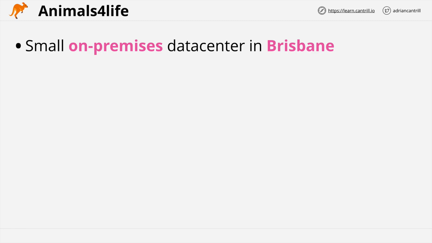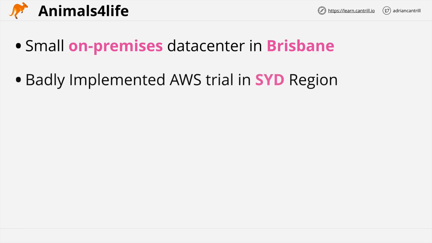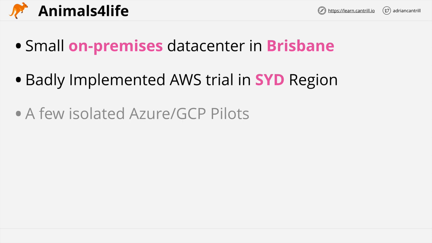Now, Animals for Life have previously had a vendor helping the business run an AWS pilot in the Sydney AWS region. But it was badly implemented and it didn't provide the resilience and scalability that the business needed. In addition, the same vendor helped them with a few isolated Microsoft Azure and Google Cloud pilots. All of them were suboptimal and didn't provide the capabilities that the business needed.